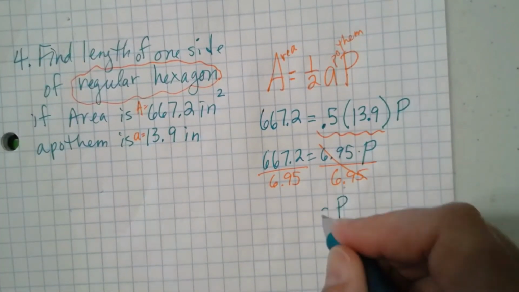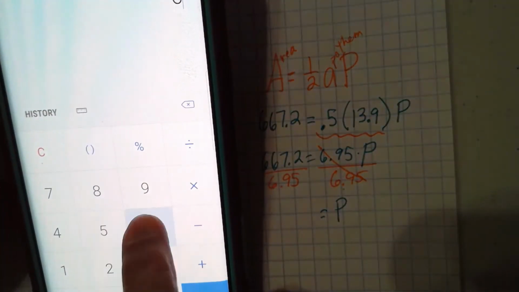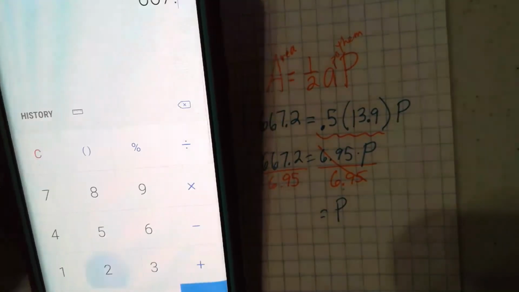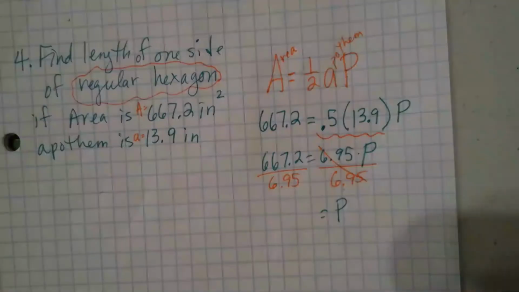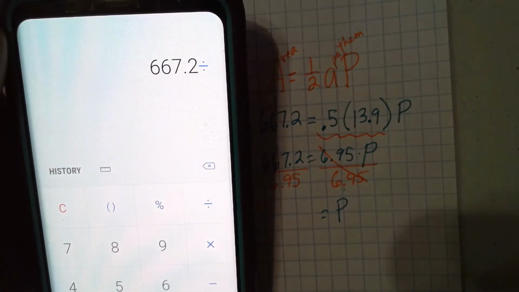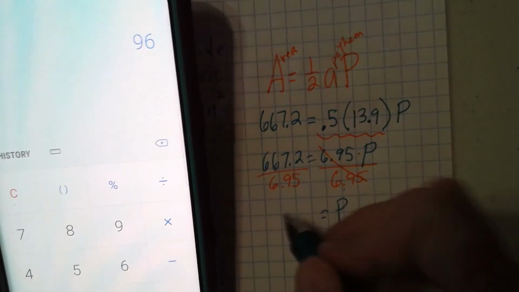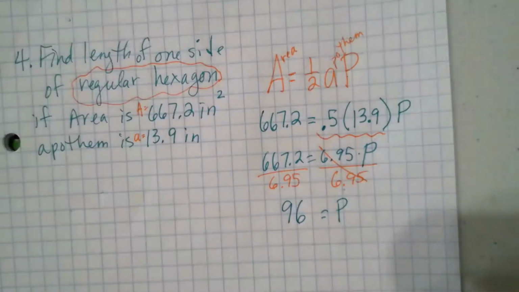We'll be left with the perimeter over here. 667.2 divided by 6.95 makes 96. So we have a perimeter of 96.